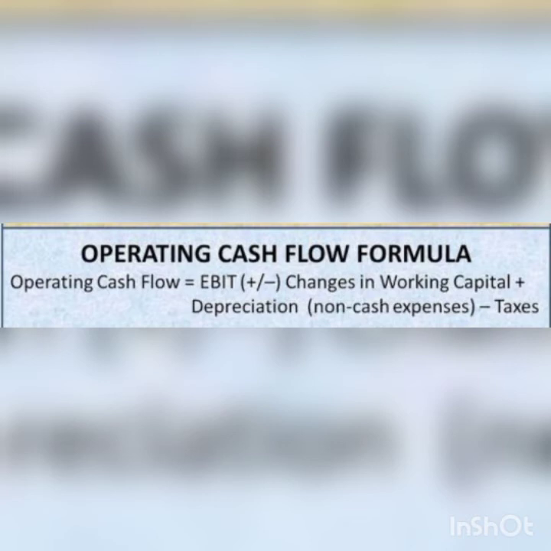The equation for calculating cash flow from operating activity is earnings before interest and tax, that is, net profit before tax and extraordinary items, minus changes in working capital, plus depreciation, that is non-cash expenses, minus taxes, etc.